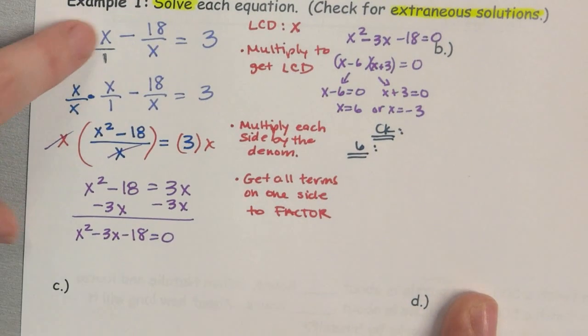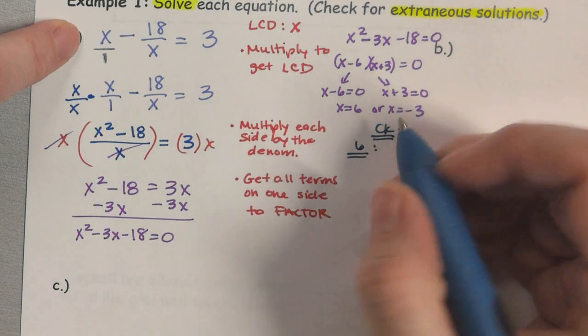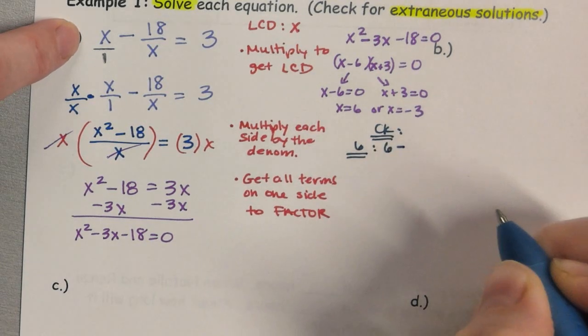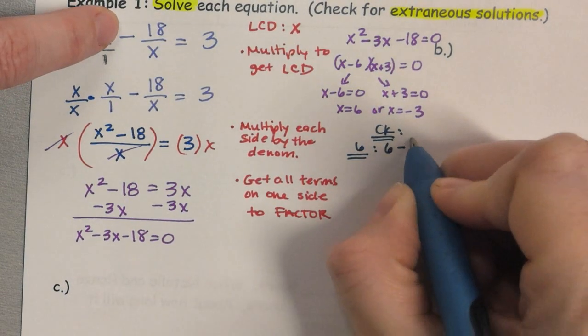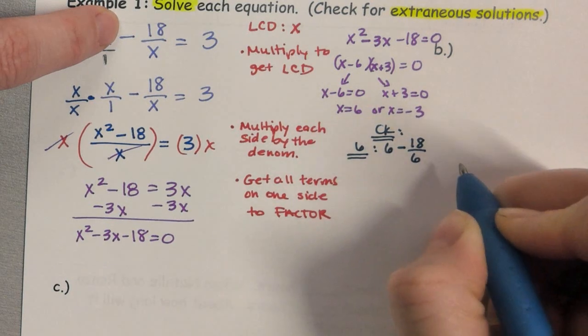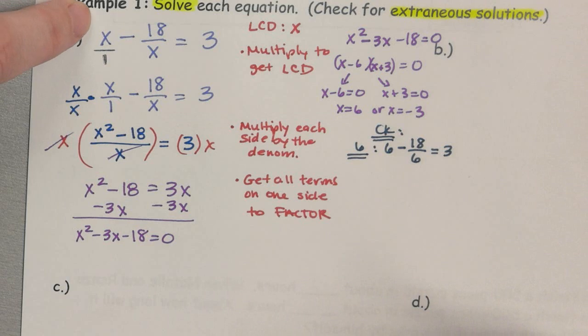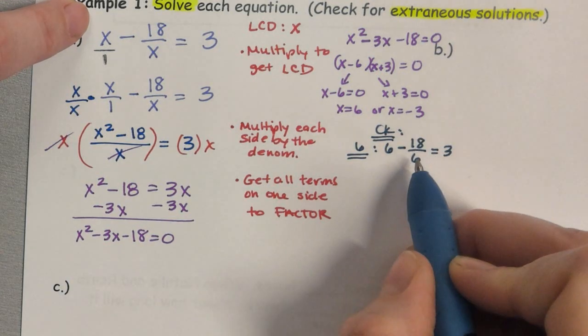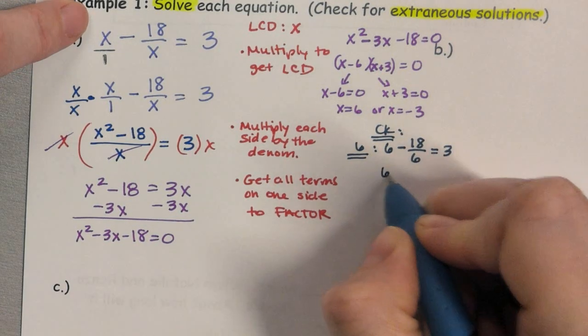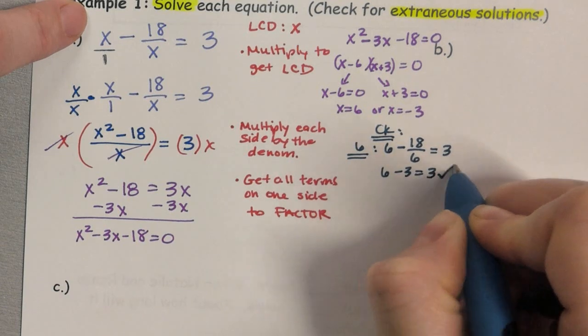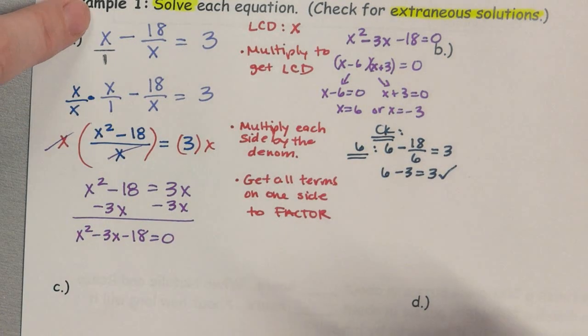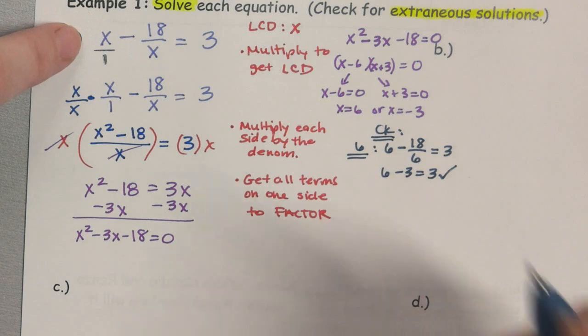Let's plug it into the original. So you have 6 minus 18 over 6 equals 3. What's 18 divided by 6? 3. So you have 6 minus 3 equals 3. Is that true? Yes. So 6 is going to work out.